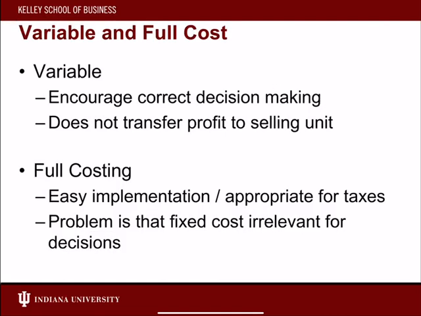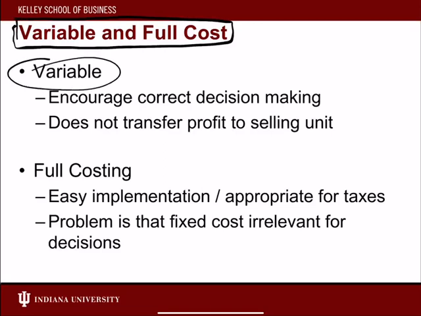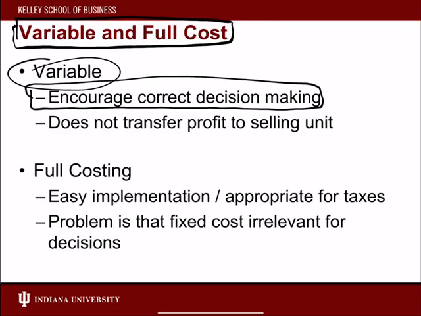Another thing we can use is variable and full cost. Variable cost just says, we're going to charge our variable cost to the other division, and this encourages really good decision making. Of course, if Division 1 sells to Division 2 at their variable cost, we have to acknowledge that Division 1 is not going to make a profit.